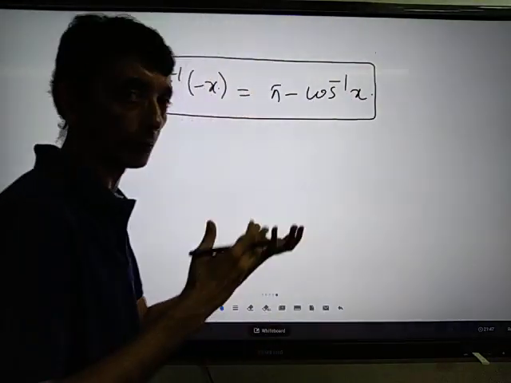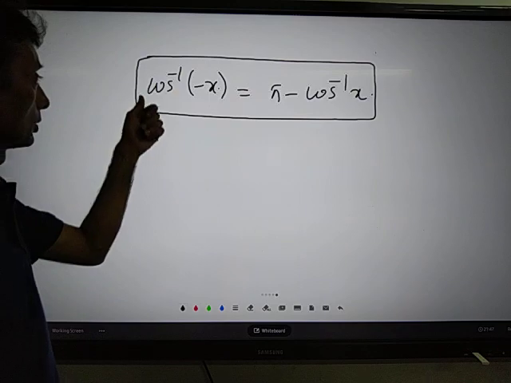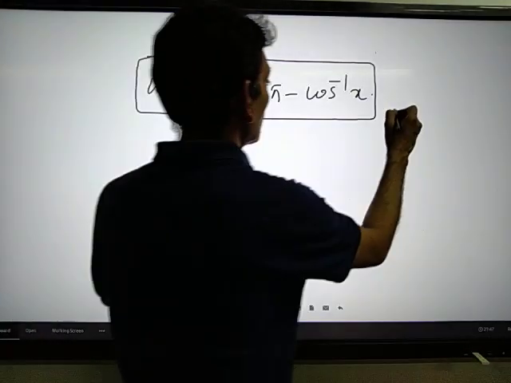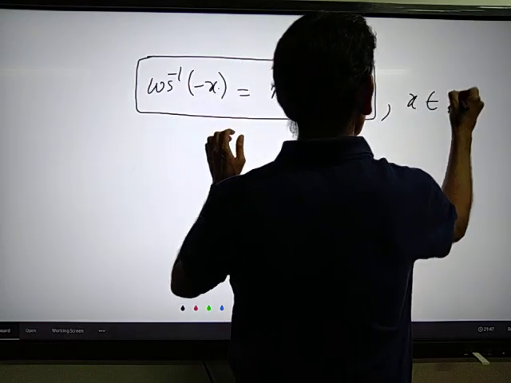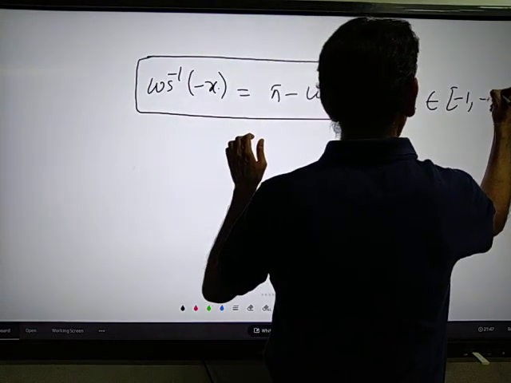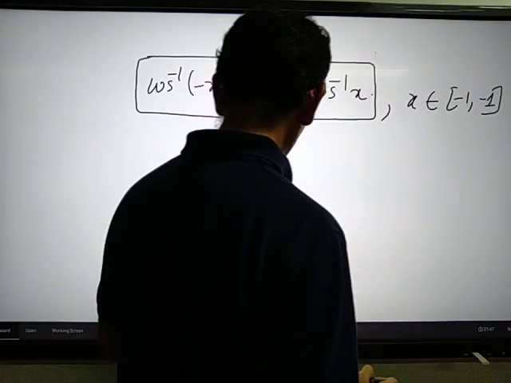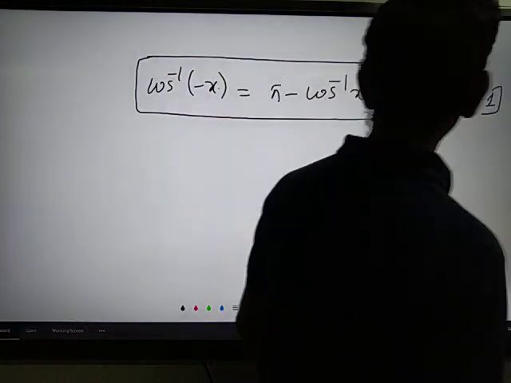So I'll be proving one of the patterns. Here also it's given that x belongs to minus 1 to plus 1. Remember this.